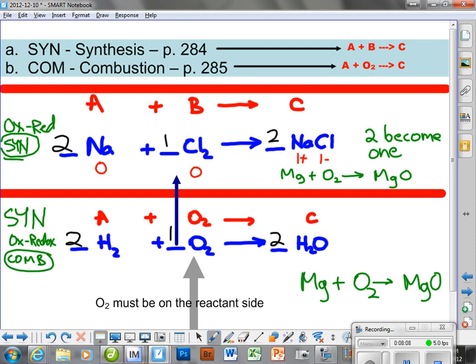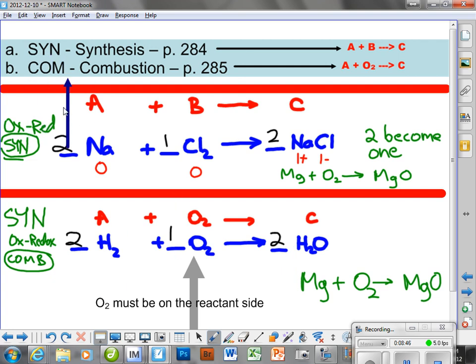And the ox red that I've got over there, let's go ahead and point to it for the video purposes, is simply saying that somebody's starting out as an element and winding up as an ion, or it could be the other way around: 2 ions come together to form, or are broken apart to form, an element. And that is the reverse of this water reaction down here, one way to make water. So we've done the synthesis.